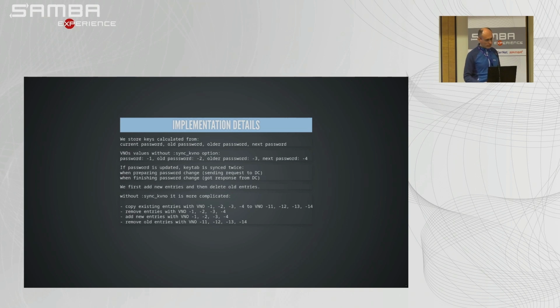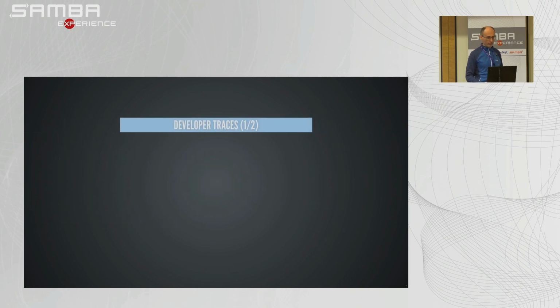So the steps, for the case that we do not synchronize VNOs, are: we copy VNOs -1, -2 till -4 to -11, -12, -13, and -14. Then we remove the previous ones, add new entries for -1, -2, -3, -4, and finally we remove -11 till -14. I have also added traces to be sure that everything functions as expected.